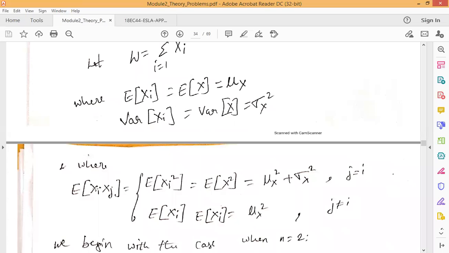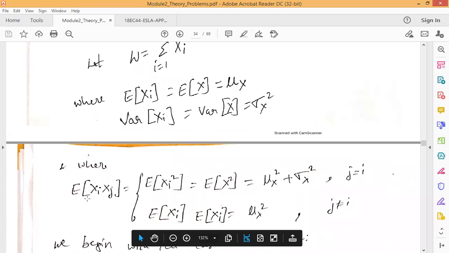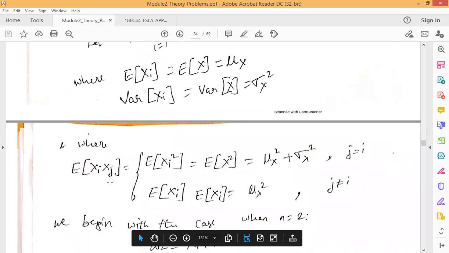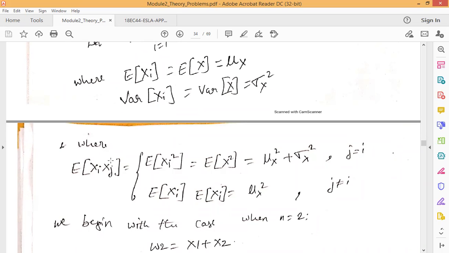Now suppose we consider expectation of xi xj. If i and j are both equal, then we can write expectation of xi xj as expectation of xi square, which is equal to expectation of x square.